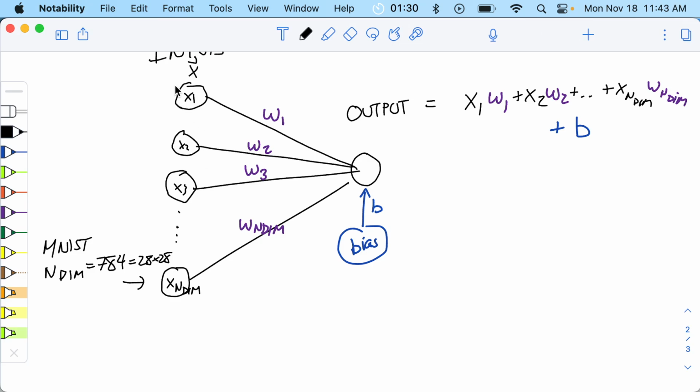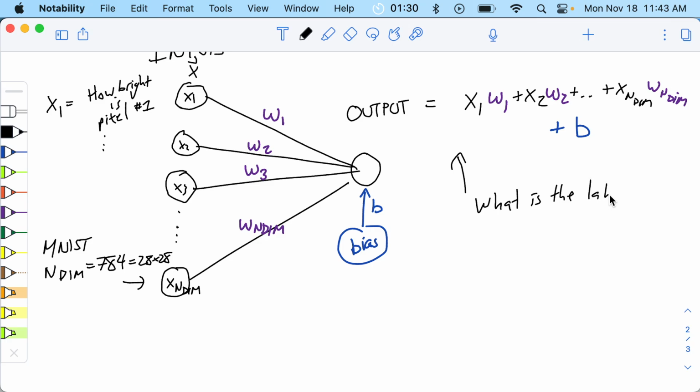And all of these things are the pixels. So x1 equals how bright is pixel number 1? x2 is how bright is pixel number 2, etc. And we're going to input all those things, and then the output we want is the label, is it a 0 or a 1 or a 2 or whatever. And the output we want it to be, what is the label?